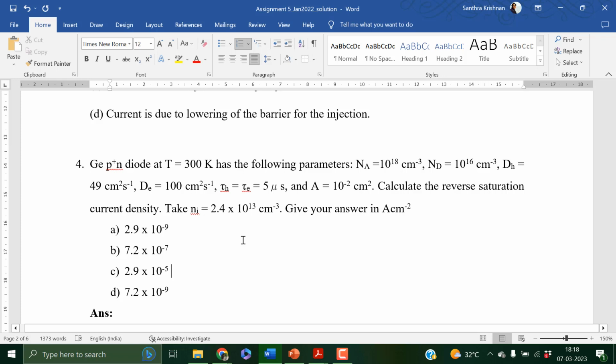From that I will calculate the reverse saturation current. From that I found it to be 29 microamps per centimeter square, which means 2.9 into 10 power minus 5 ampere per centimeter square. There it was in microamps maybe. I just made it in amperes per centimeter square.